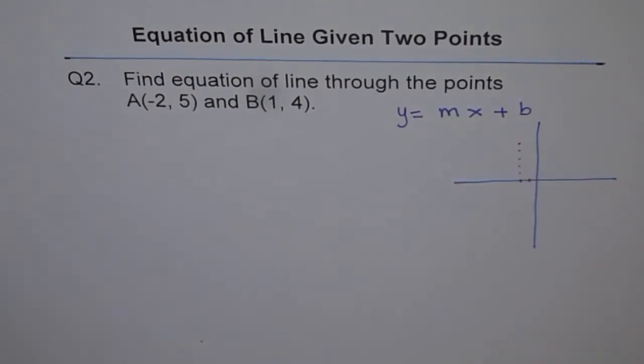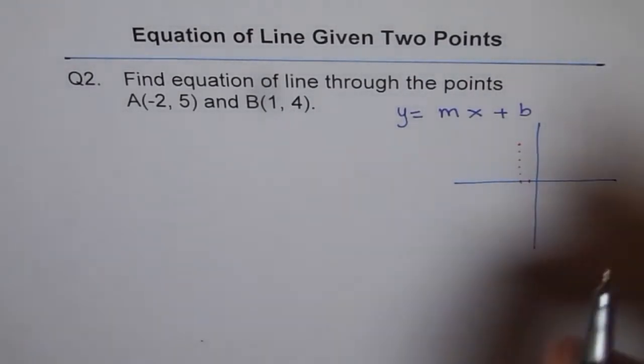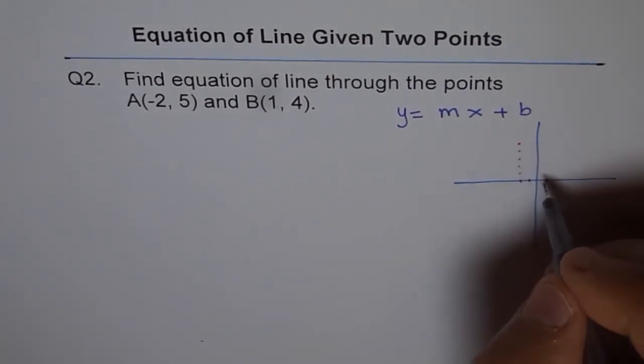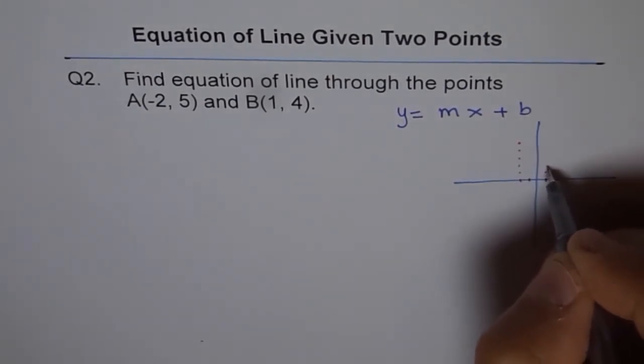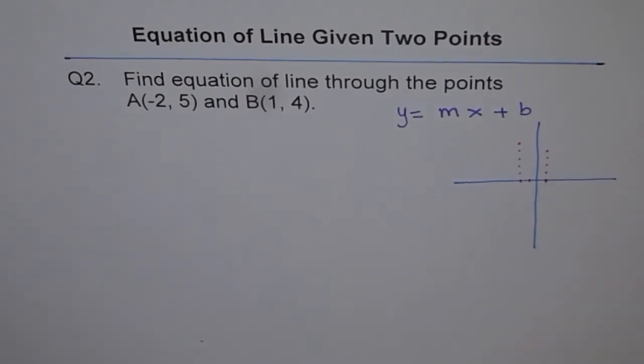That's our point A. And point B is (1, 4), so we go 1 and up 4. That's point B. A line through these will look something like this.